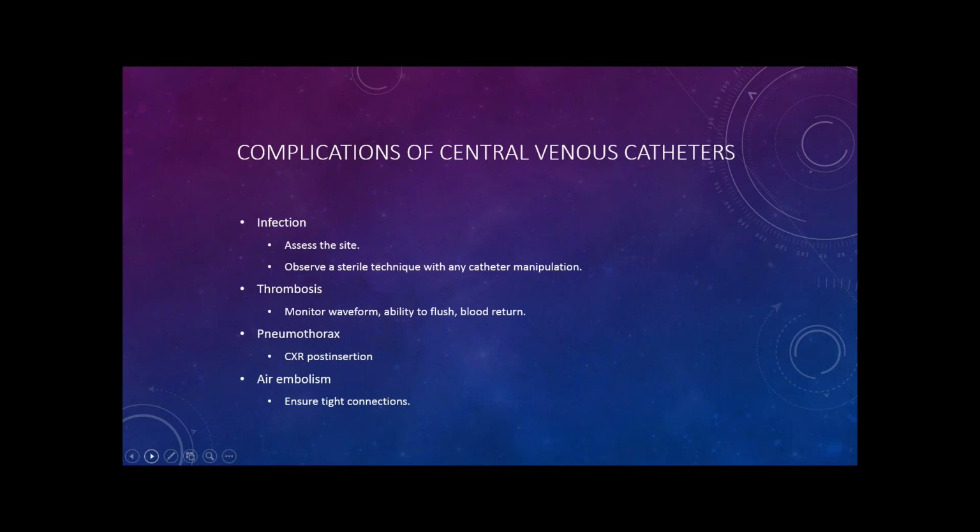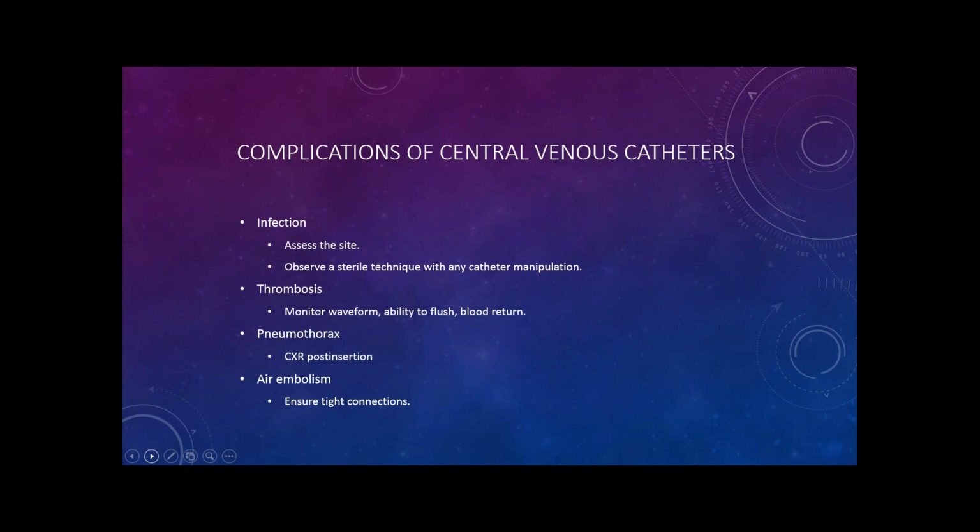The catheter lumen actually narrows down as it comes to the end point, and we have to be aware of the fact that small blood clots can form on the end of that. Anytime you are monitoring your waveform and you see that it gets smaller and squatty, or you have difficulty flushing the line, or you cannot get blood return, then you probably have to consider that there's a thrombus somewhere.